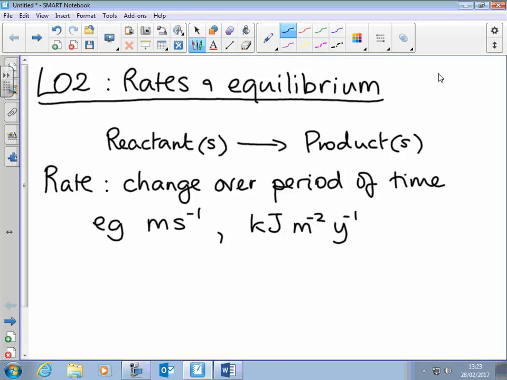Slow reactions might include things you see happening in the environment, like rust formation. It doesn't happen rapidly, does it? It's a gradual process, like the oxidation of copper, that forms over weeks, months, perhaps.